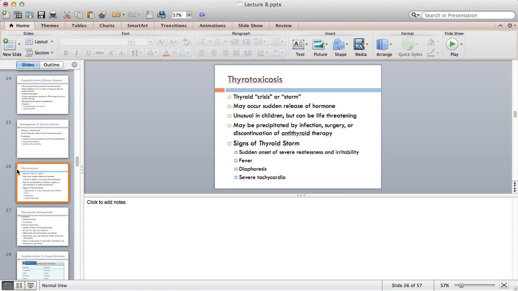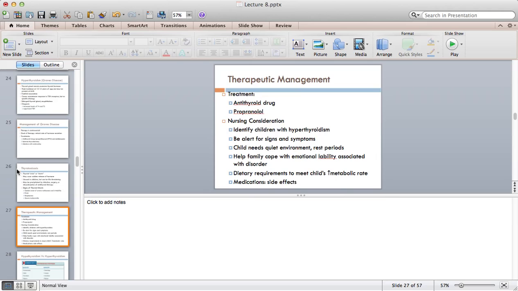And what do you notice? The person will be very restless, very irritable. You see severe tachycardia accompanied with diaphoresis.